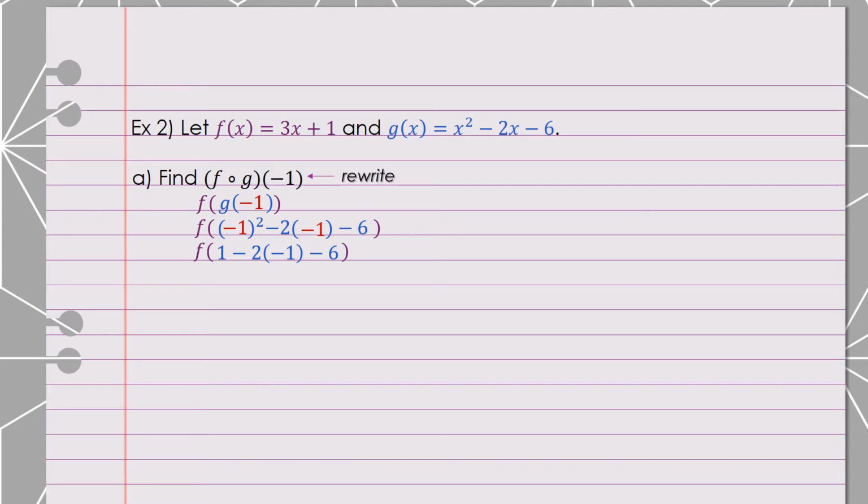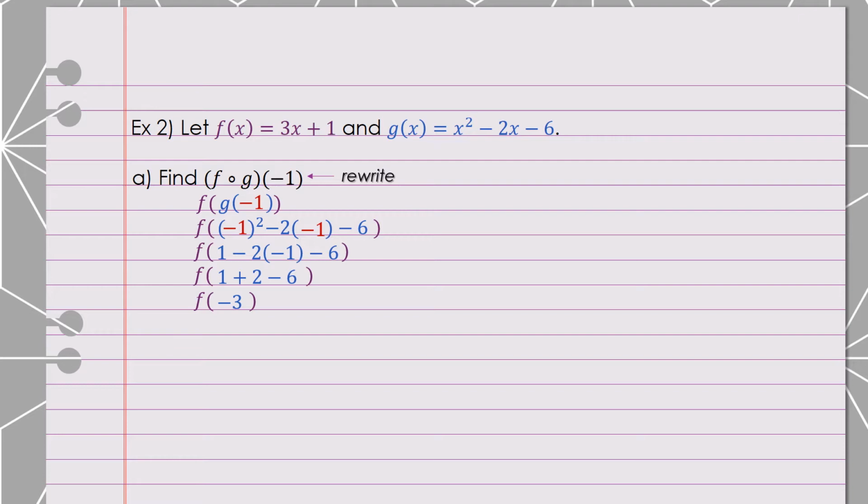We have a negative 2 touching the parenthesis, so negative 2 times negative 1 is a positive 2, and everything else stays the same. There's no more multiplication or division, so we move on to subtraction and addition. We know 1 plus 2 is 3, and 3 minus that 6 is negative 3. And so inside, there's nothing else we can do. We have simplified it and we have the value negative 3.